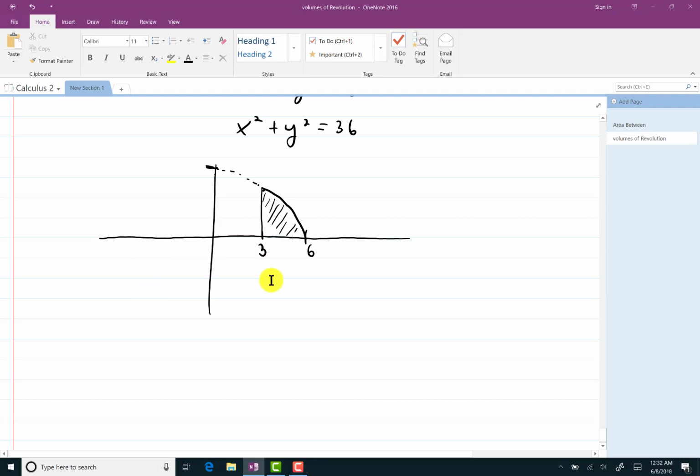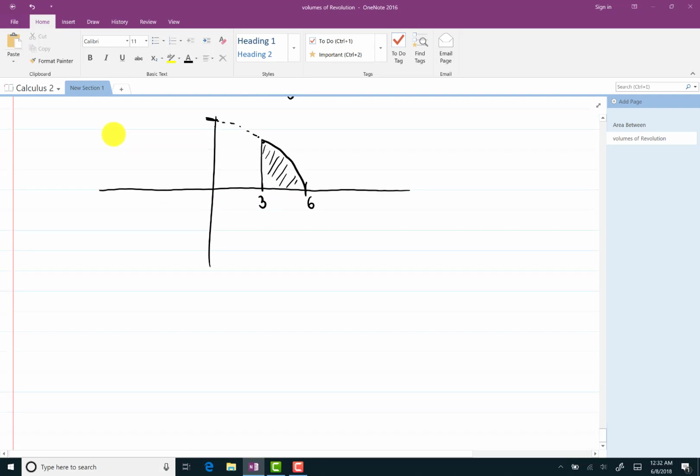So keep that in mind. What I'm going to do in order to find this volume is I'm going to revolve just this region around the y-axis. That'll give me the top half of the drilled sphere. And then I'll multiply by 2 to get the bottom half. So we're going to be taking this around, and like you do every other time, get yourself a rectangle centered at x.